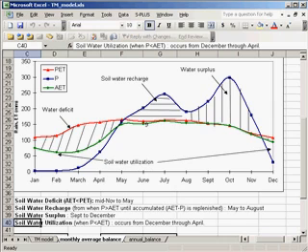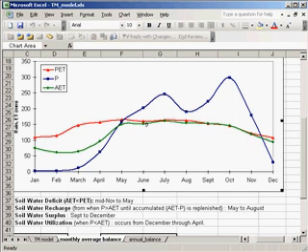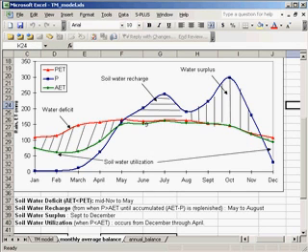Now I'd like to show you another kind of output you can get out of this model, which is the seasonal nature of the soil water status through the year. So in this graph, what I have is the timeline again on the x-axis. This time the data points are averages for that month over the years of data that you have.